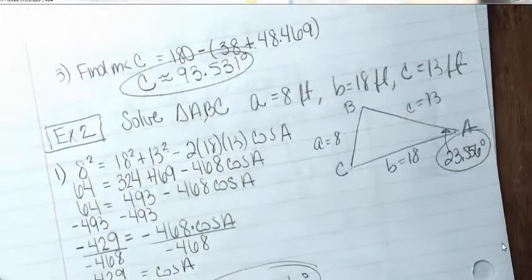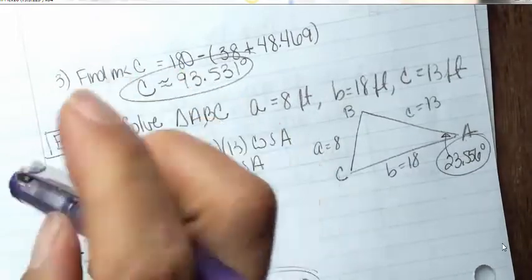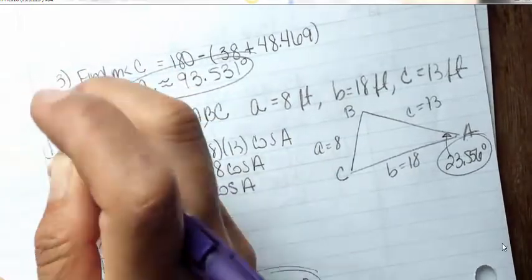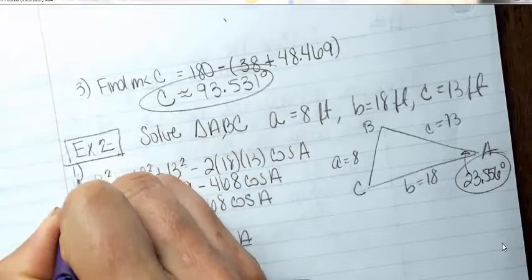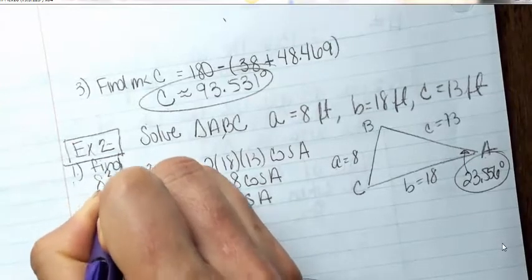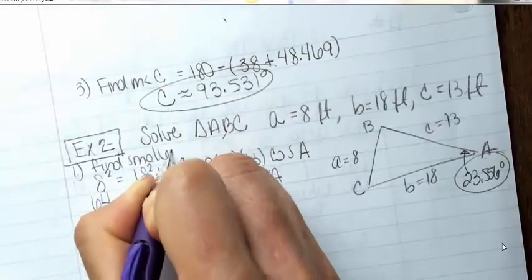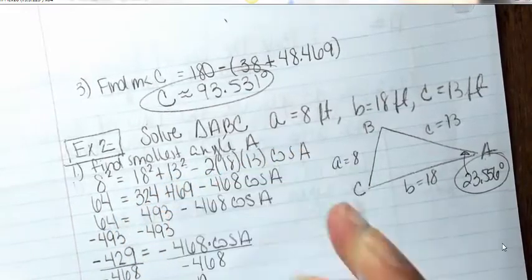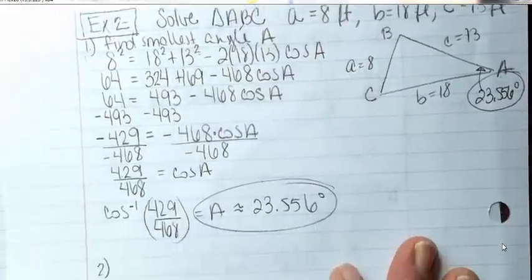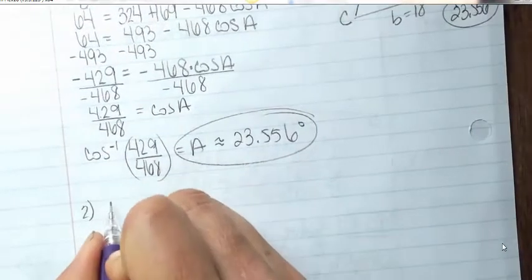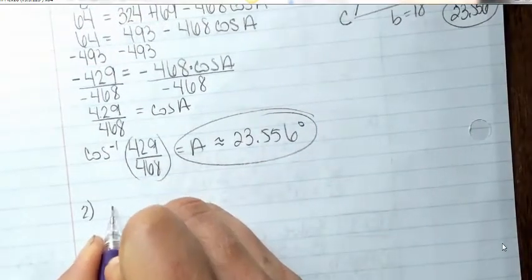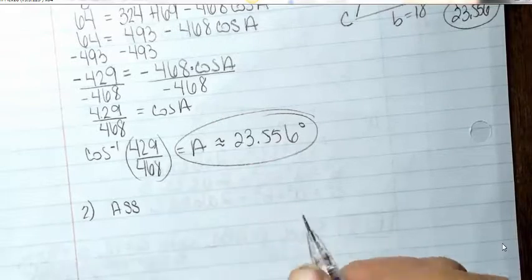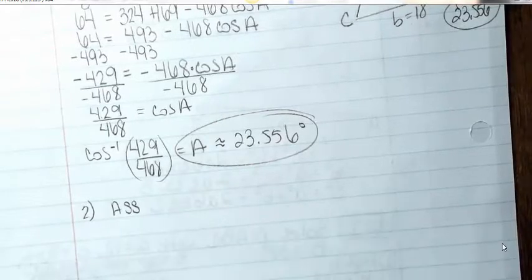But now I can go ahead and I can find law of sines. So here, oops, I didn't write it. So first let's go back up here. First thing is find smallest angle. Okay, sorry. Keep forgetting to do that. Second thing is now I can find, because I've got angle, side, side.